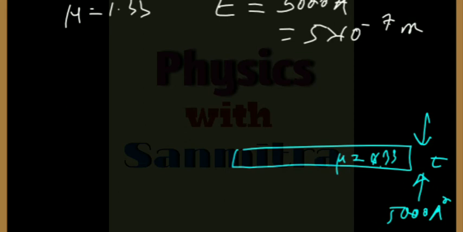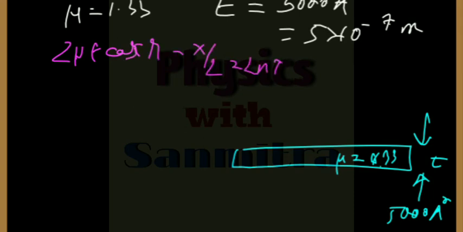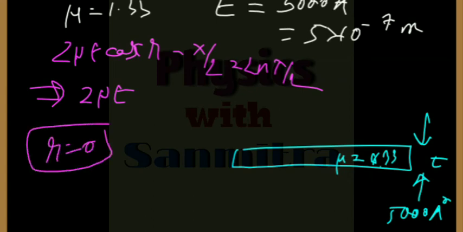Now for reflected light, what we know is 2 mu t cos r minus lambda by 2 equals 2n lambda by 2. For maximum, nothing is given about r, so let's assume r is equal to 0. If r is not given, take it as 0.